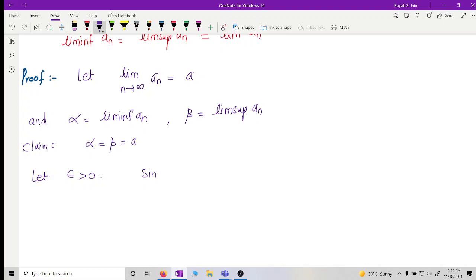Now since a_n converges to A, the limit we are taking as A, what can I say?